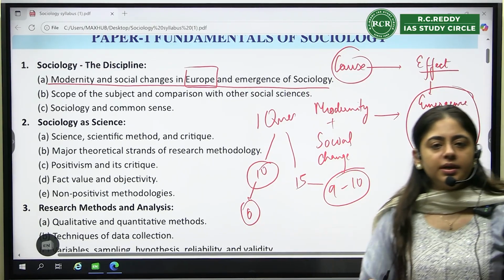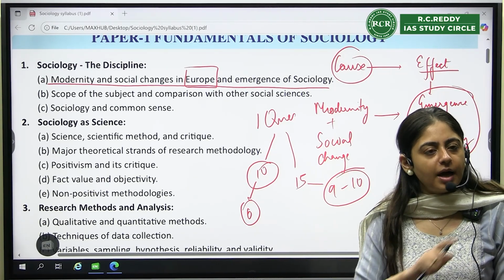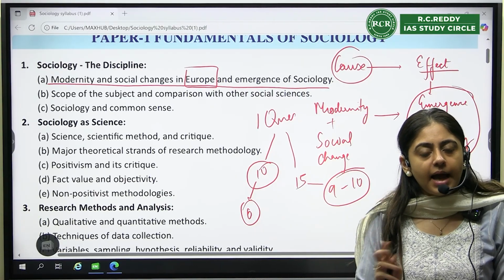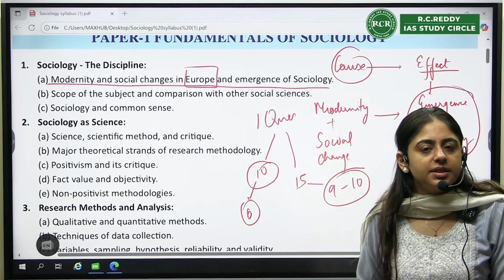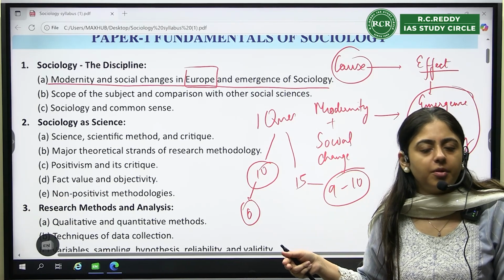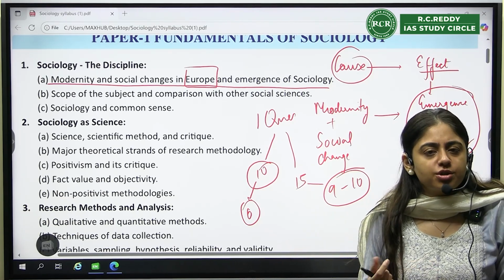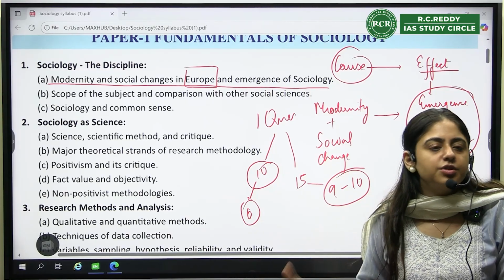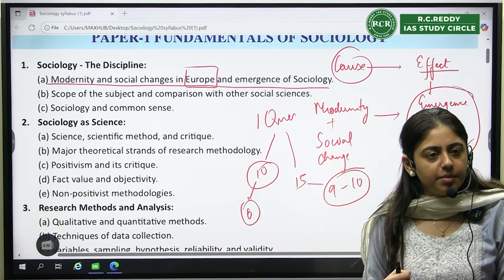So the moment a question comes from this topic, I'm super confident that I can handle it. And throughout the syllabus, there are such topics where not much understanding is required. It's just a sequence of events which you have to replicate in the examination, right?